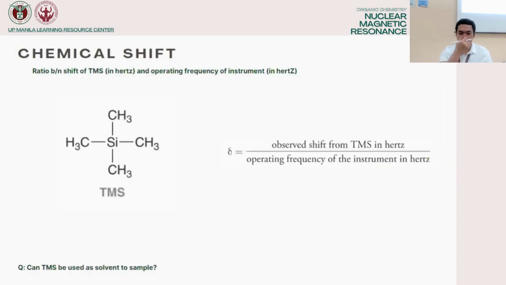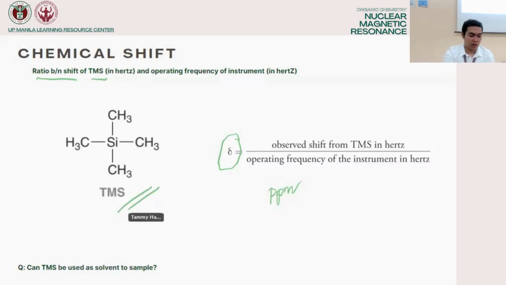So, let's now go to the chemical shift, no? It is denoted by delta and it's in ppm. Ang unit niya po ay ppm. Pero, it's just the ratio between the shift of TMS, tetramethylsilane in hertz, and the operating frequency of the instrument in hertz. No?